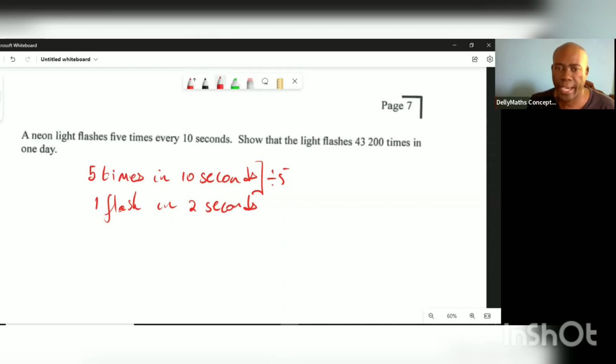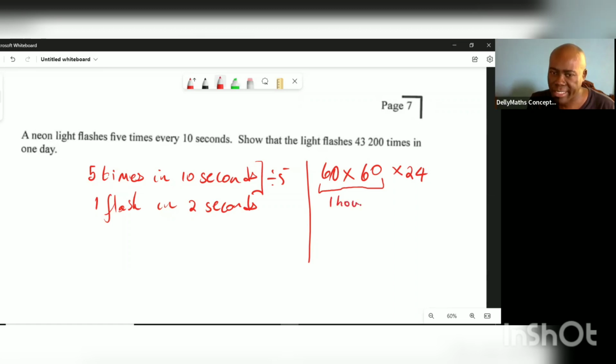So what I want to find on the side here is the number of seconds in a day. This is giving us the number of seconds in that hour, and then you multiply that by how many hours we have in the day. So you're looking at multiplying 60 times 60, which is 1 hour. And then, how many hours in the day?